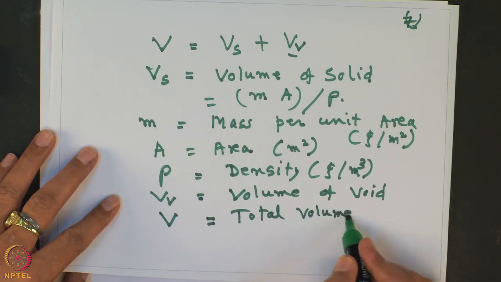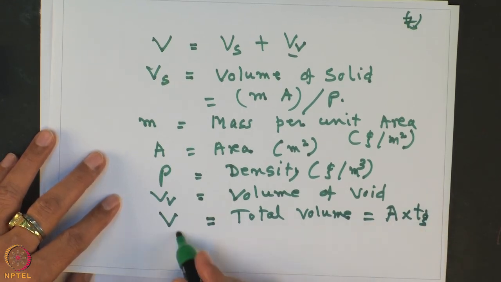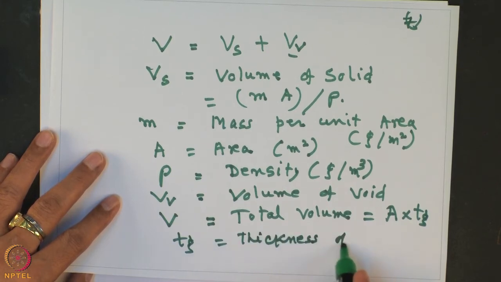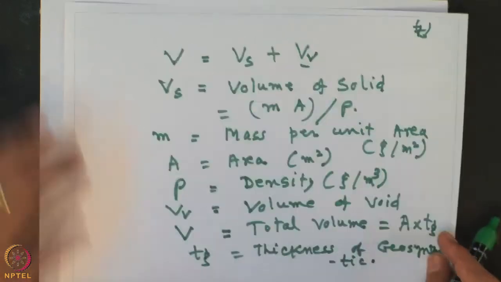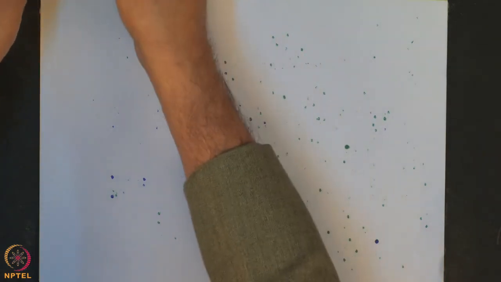So total volume is equal to A into Tg, where Tg is the thickness of the geosynthetic. So, from this you can calculate what should be the porosity of the geosynthetic material.